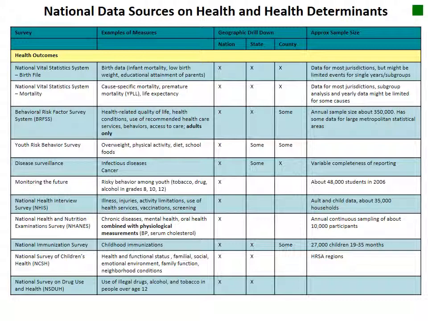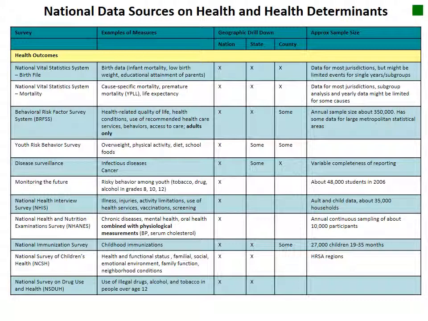I've mentioned two of them to you, the Behavioral Risk Factor Survey System and the National Health and Nutrition Examination Survey, otherwise known as NHANES. The BRFSS is administered only to adults, which assesses health-related quality of life, health conditions, use of recommended healthcare services, behaviors such as smoking and nutrition, as well as access to care.